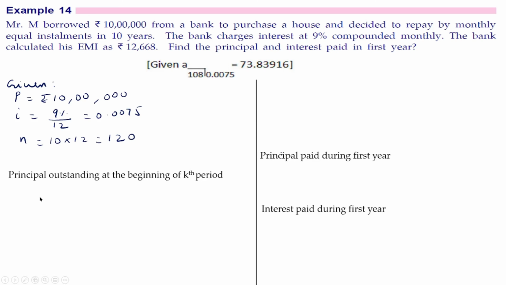Now we know the formula for principal outstanding at the beginning of kth period, so it is given by R into 1 minus 1 plus I the whole raised to minus N plus K minus 1, upon I. R is also given, EMI is rupees 12,668. And now we need to know the principal which is paid in the first year.